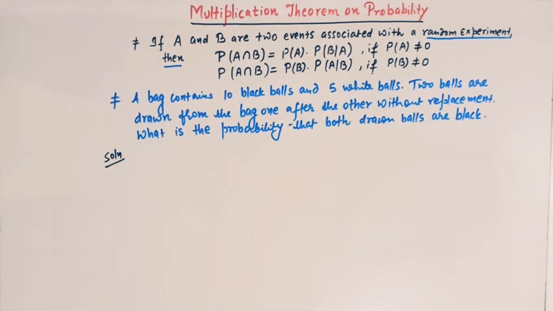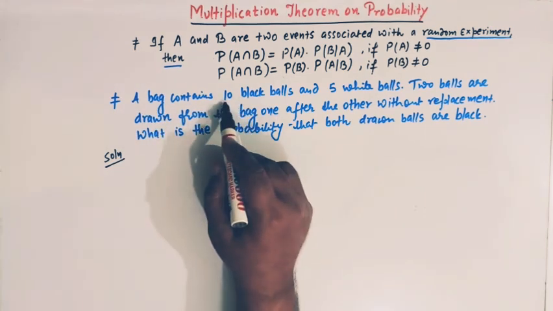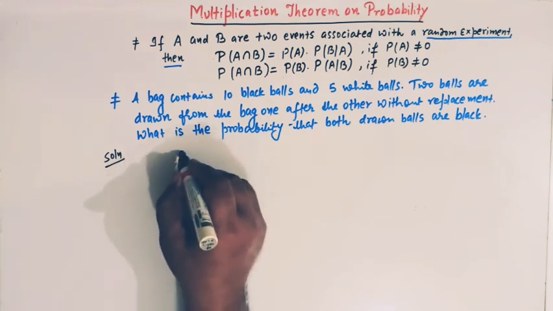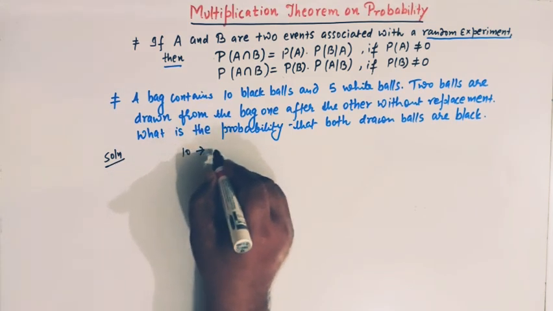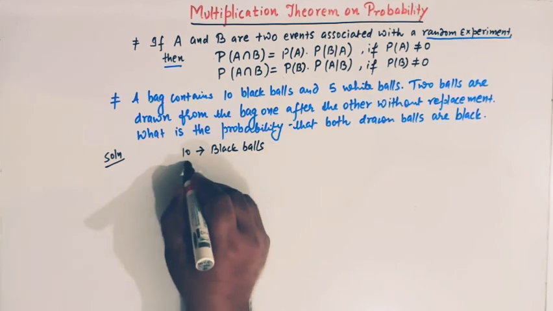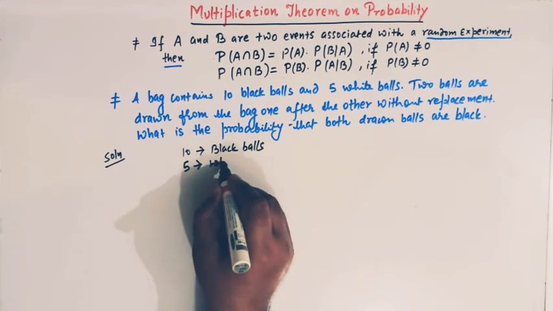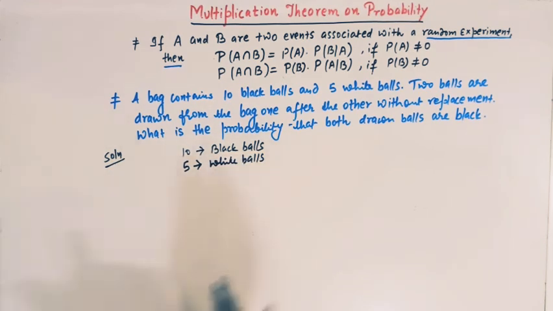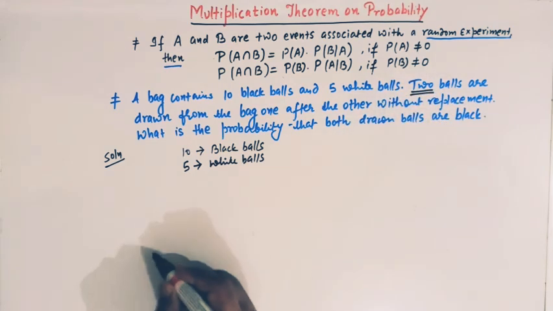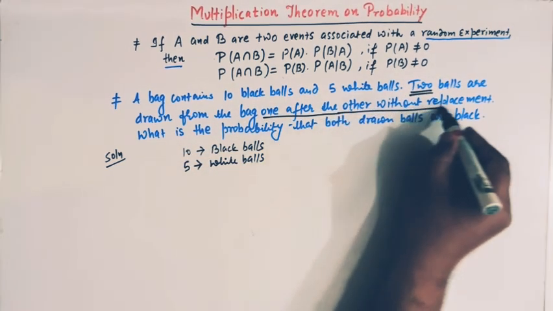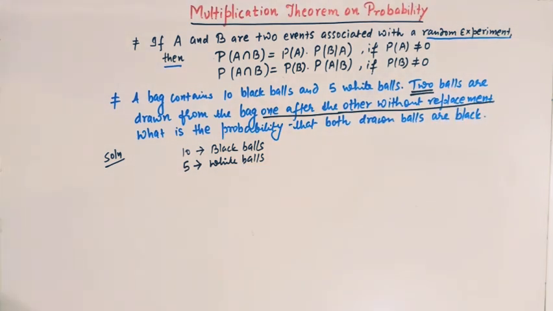Now let us take one more problem. Here we have a bag that contains 10 black balls and 5 white balls, right? Now 2 balls are drawn from the bag, one after the other, without replacement, right?